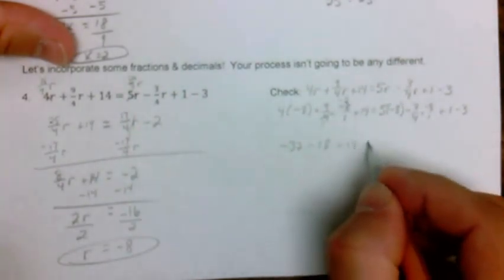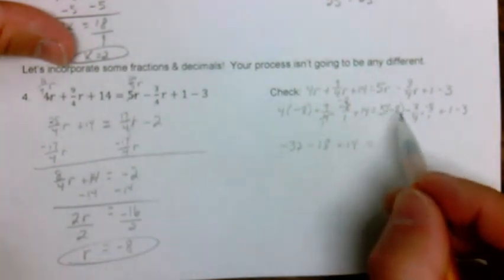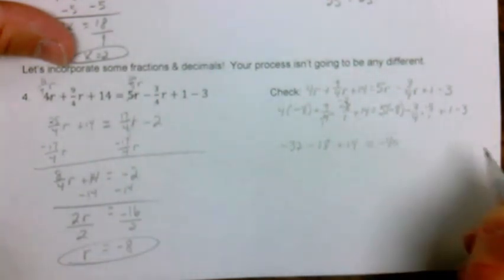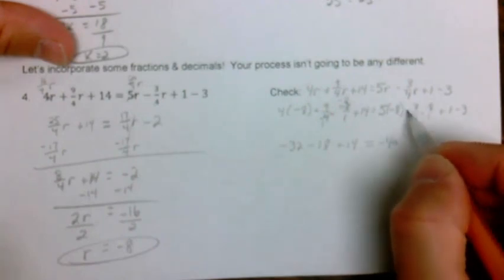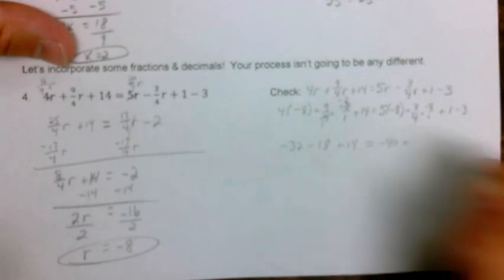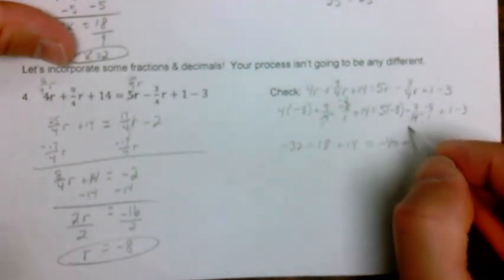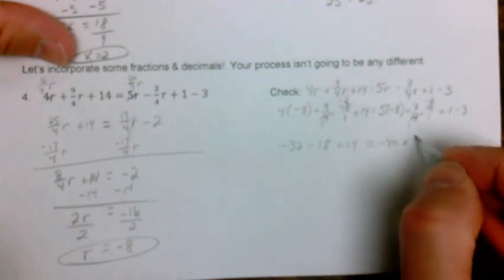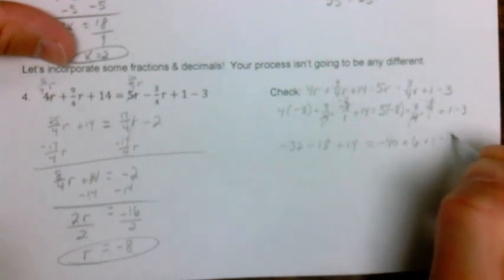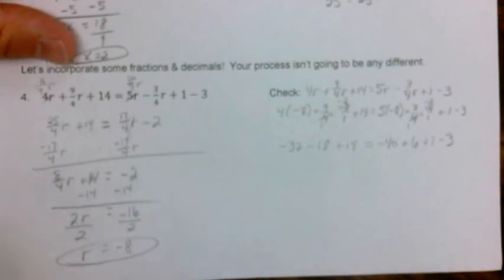Plus 14 equals 5 times -8 is -40. -3/4 times -8 over 1. Negative times negative is positive. And then again, 4 is going to go into 8 twice. That's going to be -3 times -2, which is +6, plus 1 minus 3.